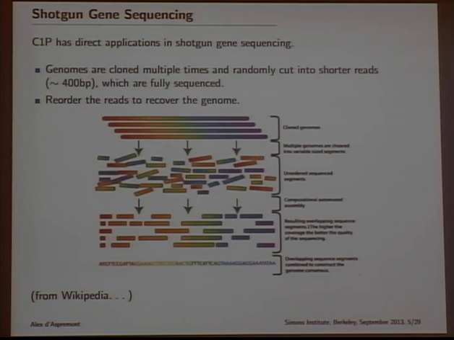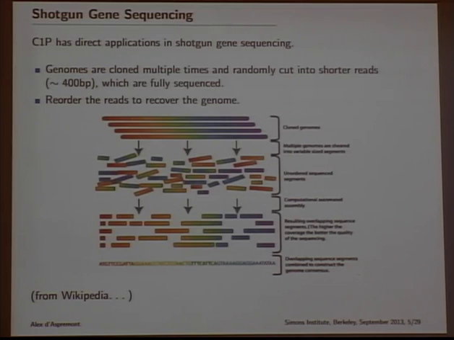And the genomes are cloned multiple times, so we get many pieces from many different cloned genomes. And the point is then to reorder this bunch of small reads, they're called reads, so that you can reconstruct a consensus sequence from the small bits, the reordered small reads, okay? So that's shotgun gene sequencing.